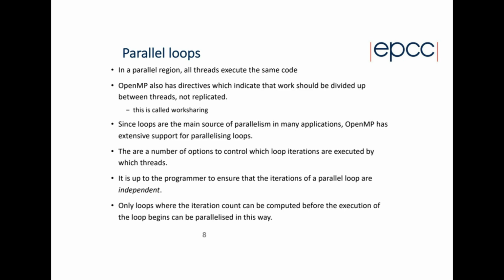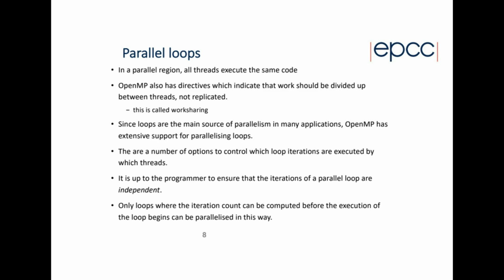However, it's important to stress that OpenMP does not do any automatic parallelization. And it doesn't do any checking. So it really is up to us as programmers to ensure that the iterations of a parallel loop really are independent of each other and that there aren't going to be any race conditions.